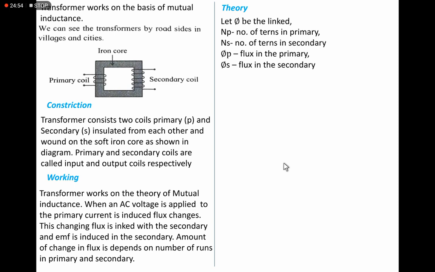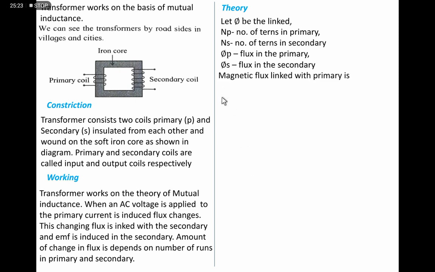Now, phi be the flux and it is linked. Number of turns in primary is NP, number of turns in secondary is NS. Phi P is the flux in primary and phi S is the flux in the secondary.